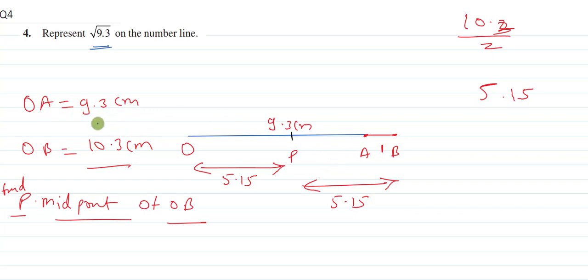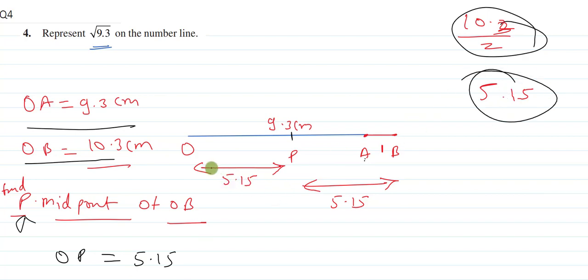What I just said: draw OA, OB. Let's take one point B after point A on the same line OA, that is 1 centimeter away from point A. Now from the figure we can see OA is 9.3 centimeter, OB is 9.3 plus 1, that is 10.3 centimeter. Find the midpoint of OB, that is point P. The length of OP is 5.15, PB is 5.15.